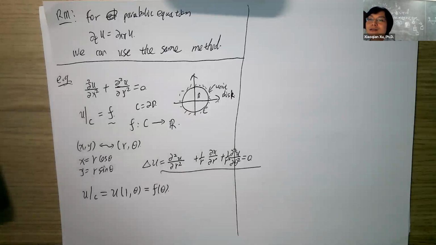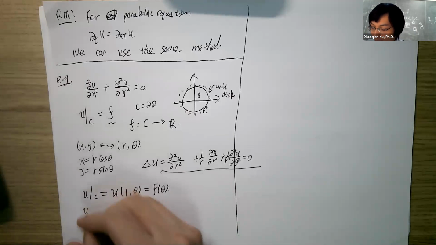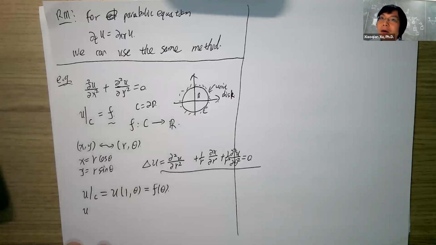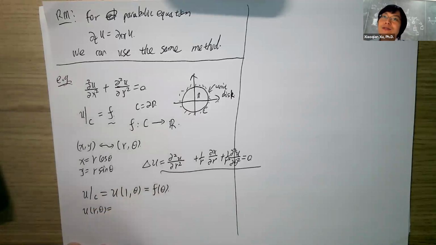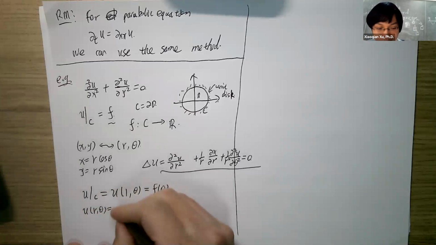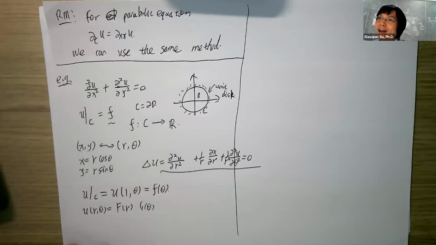But the boundary condition looks much better. Then we can again do our trick of separation of variables. Let's assume your U(r, theta) is F(r) times G(theta) and see what happens.